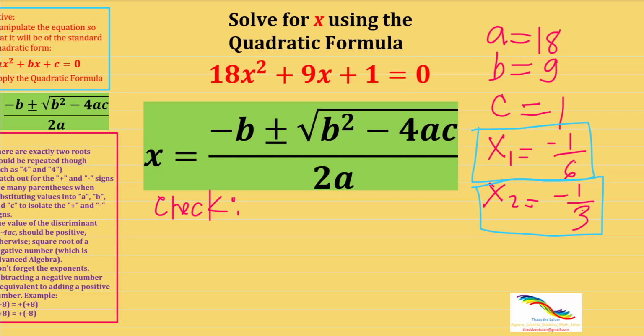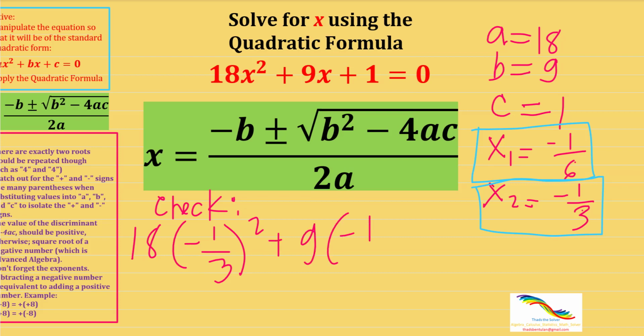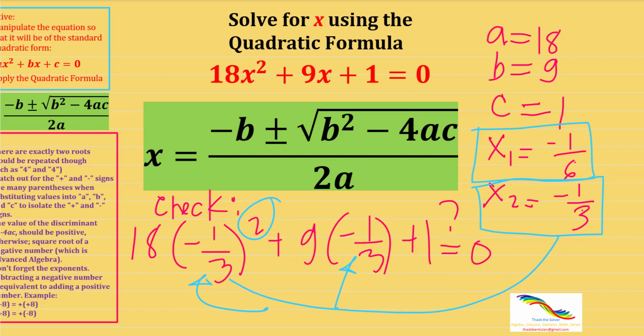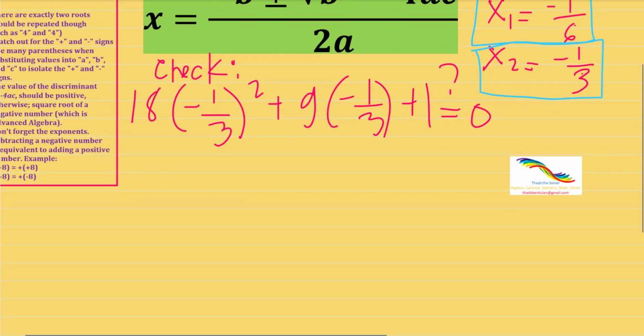So this is 18 times negative 1/3 squared plus 9 times negative 1/3 plus 1. Is that equal to 0? Now remember here the parenthesis, and remember there's a square, there's a parenthesis there, and the x we're now using is this 1/3. Okay, let's move the board up.